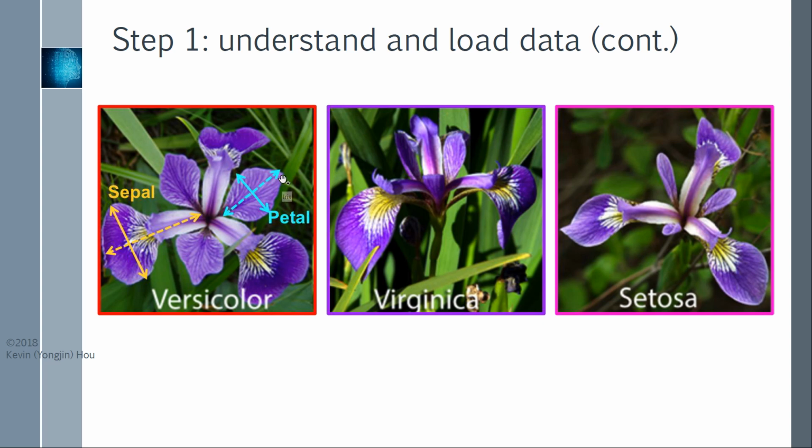Here we have petal length and petal width, and here we have sepal length and sepal width. Basically, we're dealing with 4 features and 3 different species of iris. That's the problem set, and that's the data set we're dealing with today with the KNN method.